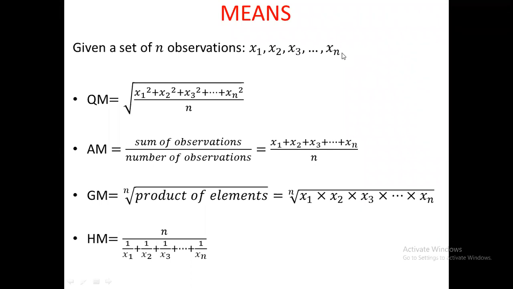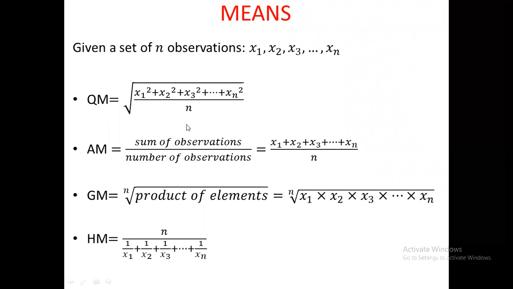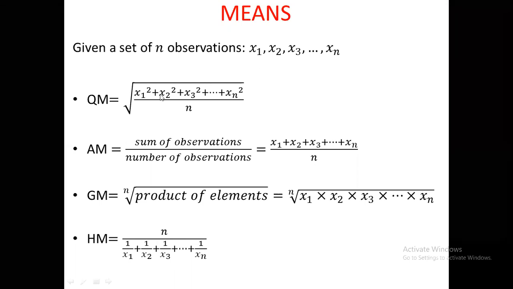So how do we find the quadratic mean? I had defined it in the previous slide. Right now, I'm going to show you the mathematical form. For us to find the quadratic mean of a set of observations, we square each of the observations, add them up, and divide by the number of them.